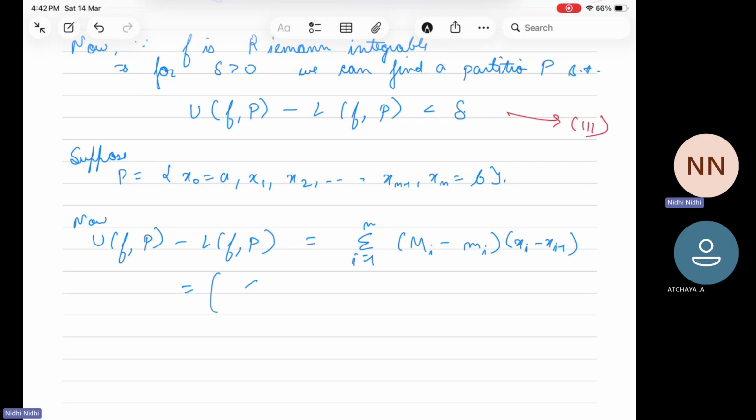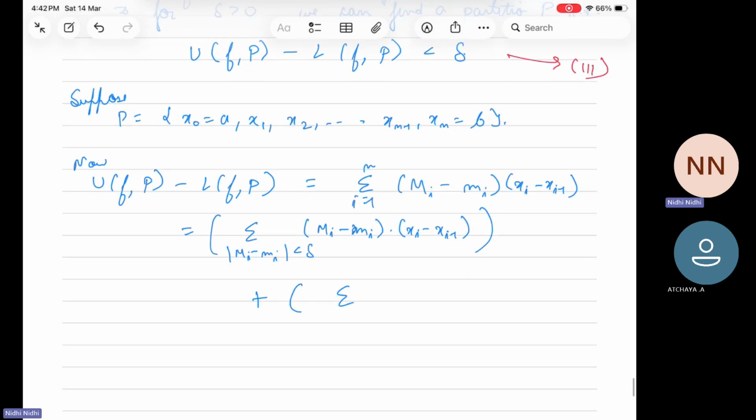I take all those i's such that Mi minus mi is less than delta on one side, and the rest of the i's in the other one, where Mi minus mi is greater than or equal to delta.